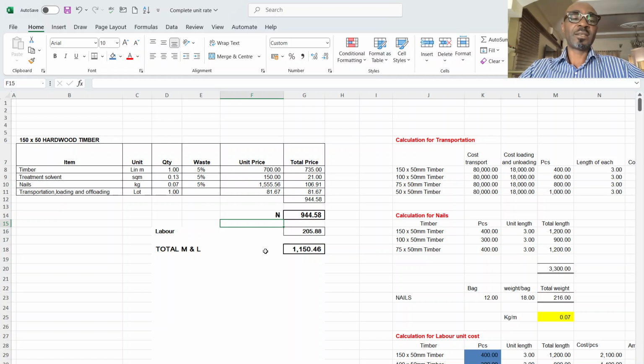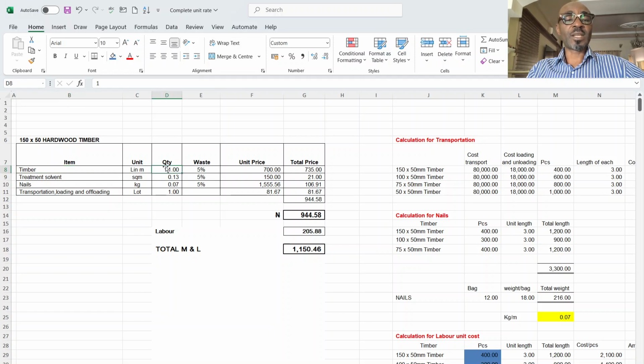Having said that, as you can see on my screen, the first line item there is the timber itself, and because our unit rate is a meter, definitely we are going to build up this rate. Whatever we do, we should understand that the end goal is to get the cost per linear meter of the wood.